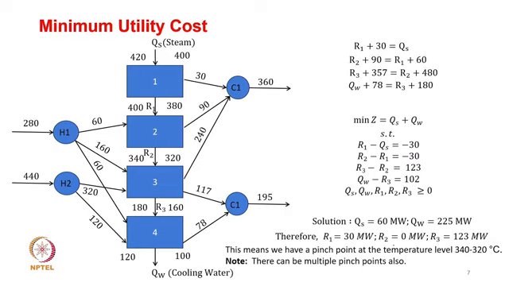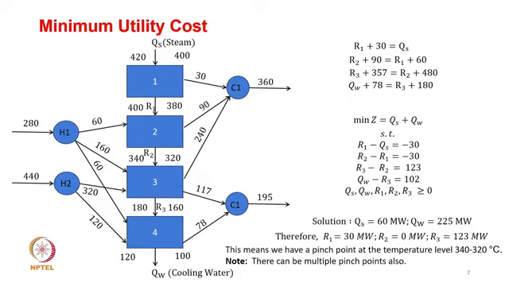And once we do that, we will see that, magically, R2 turns to 0, which essentially means that the pinch is happening somewhere in this area, between 340 and 320. There could be multiple pinch points as well, which we can't avoid. So this is one nice way of formulating the entire problem in terms of optimization. So we will move on.